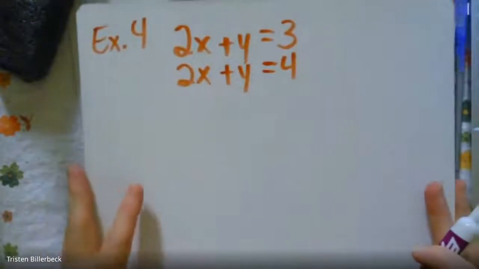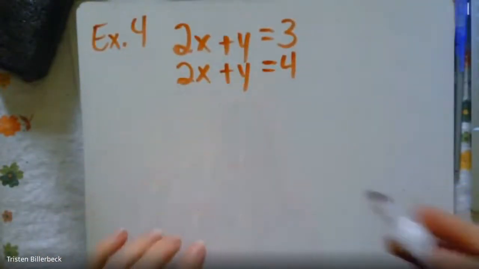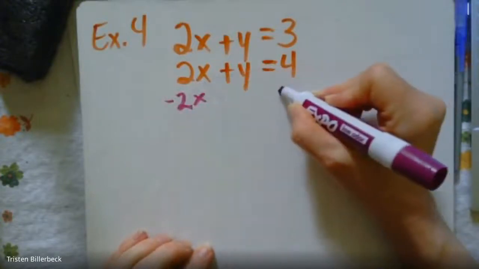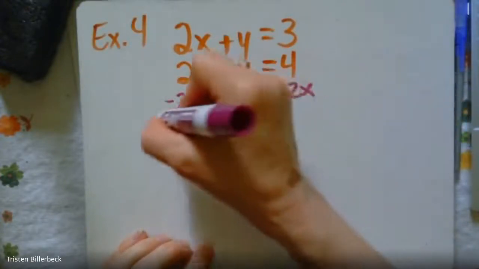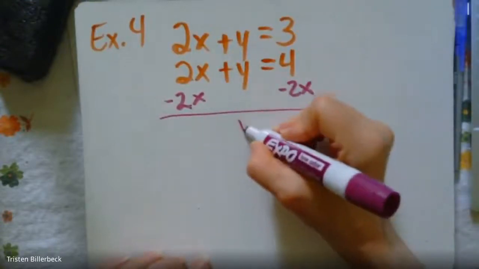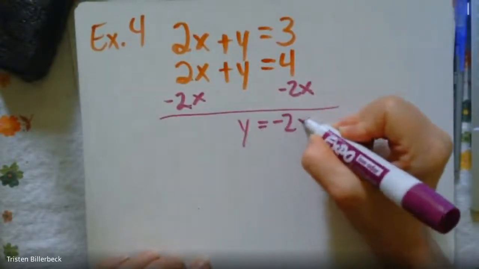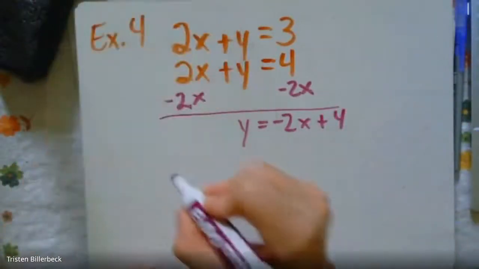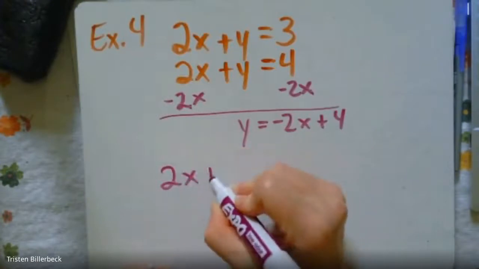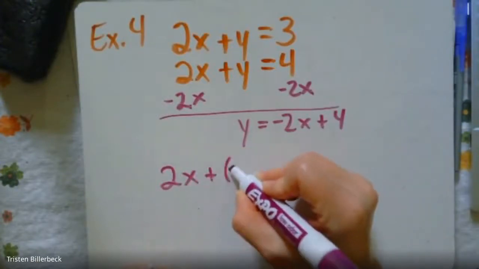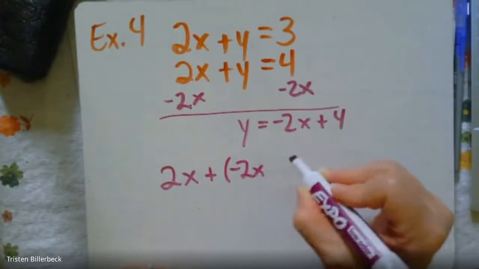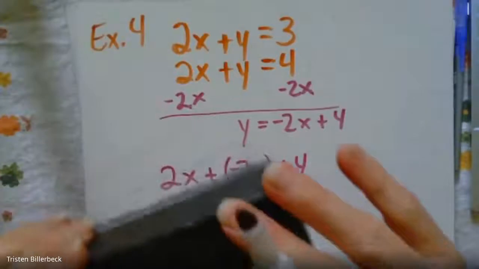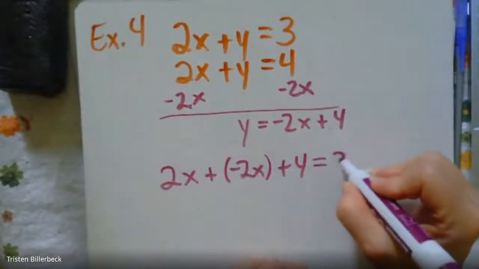Okay, another case, something like this. So if I move this around, I have y equals negative 2x plus 4. Now I'm going to substitute that in here. So I have 2x plus negative 2x, and then that's just plus 4, equals 3.